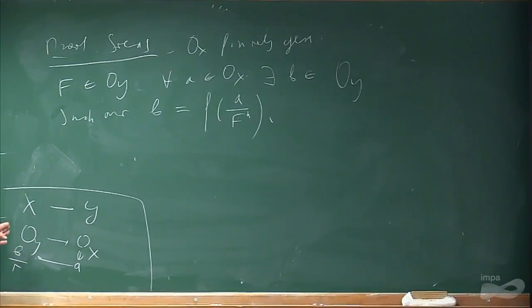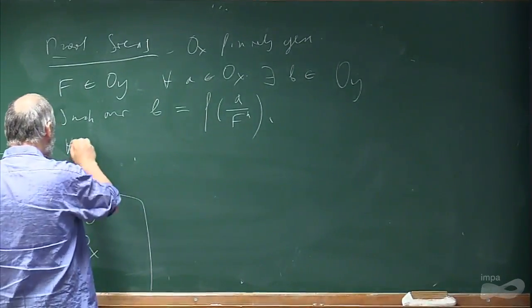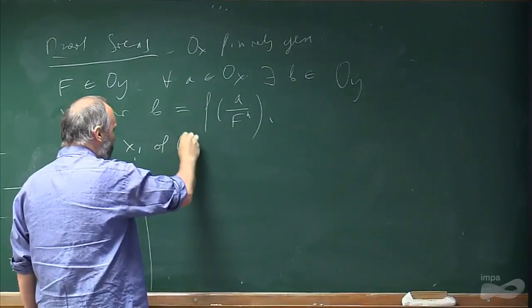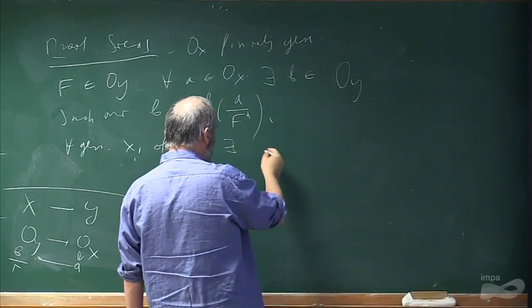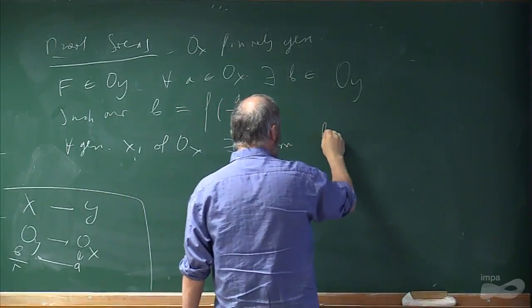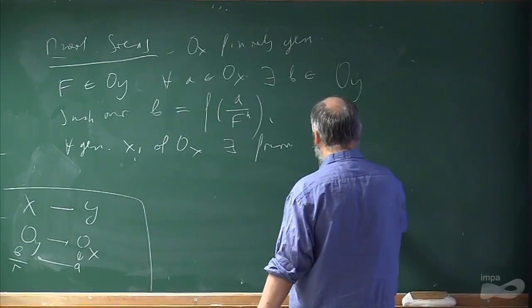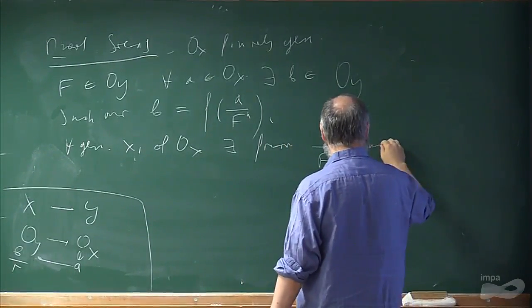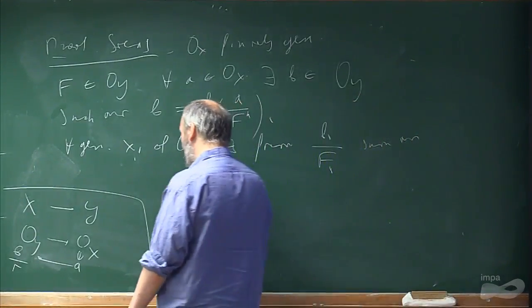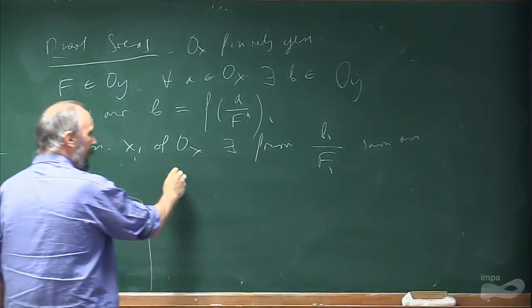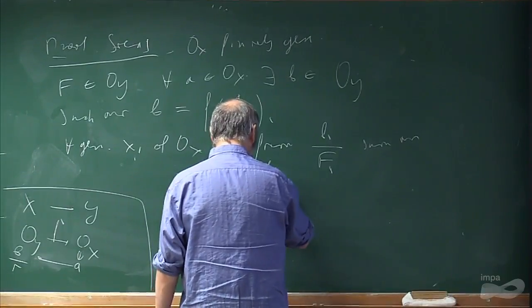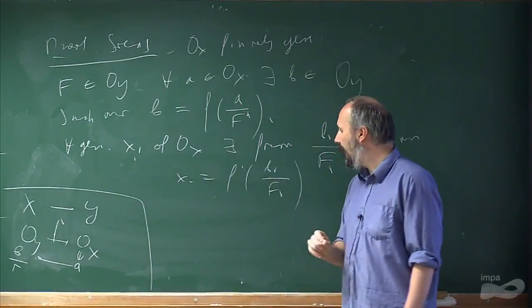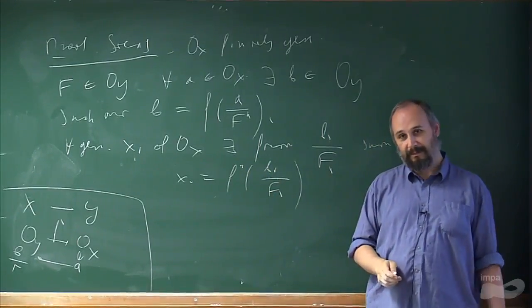For each generator x_i of O_X, there exists a fraction b_i quotient by f_i such that x_i is f star of b_i quotient by f_i.